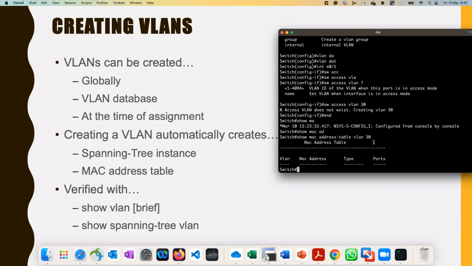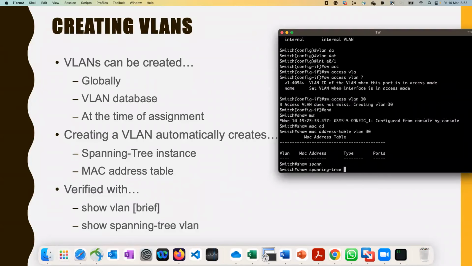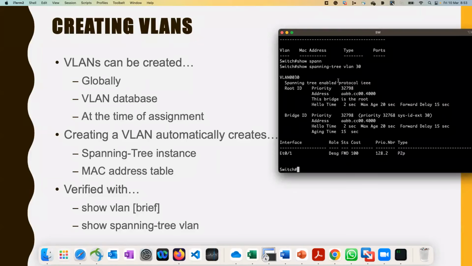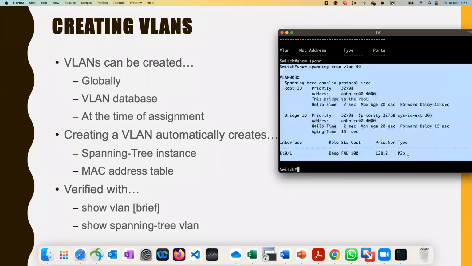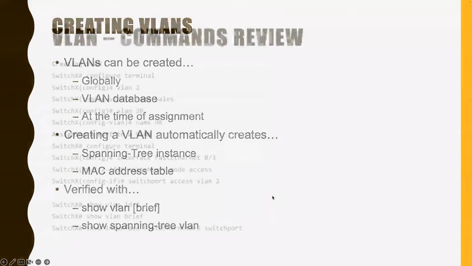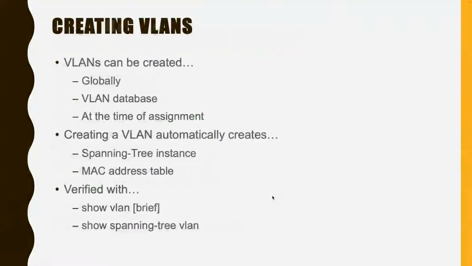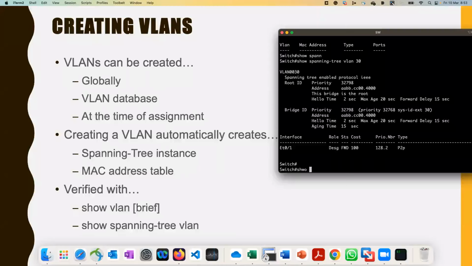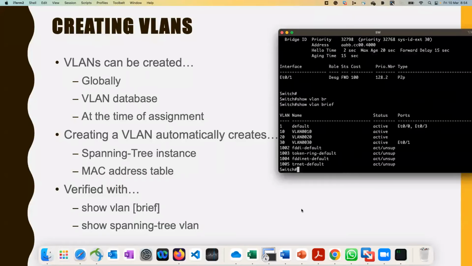Similarly, we will cover spanning tree in detail. I'll just show you, VLAN 30 has a separate spanning tree instance. If I want to see what VLANs are configured, there is the command show vlan brief. It will display all the VLANs that have been configured.